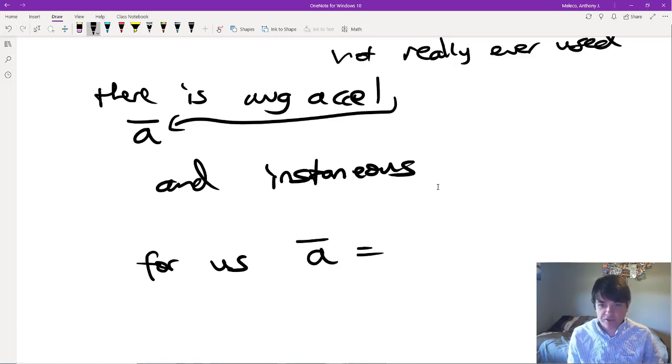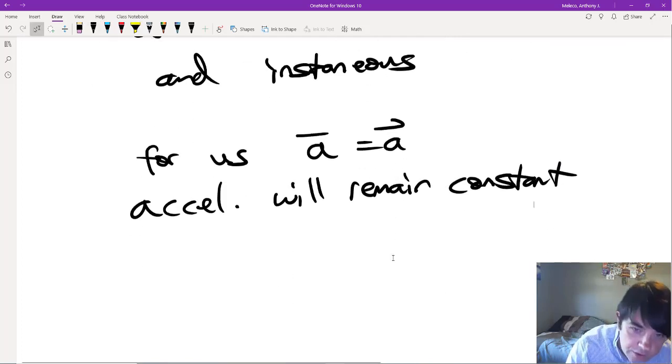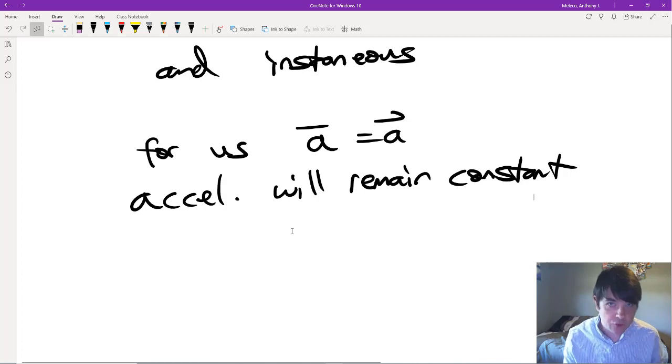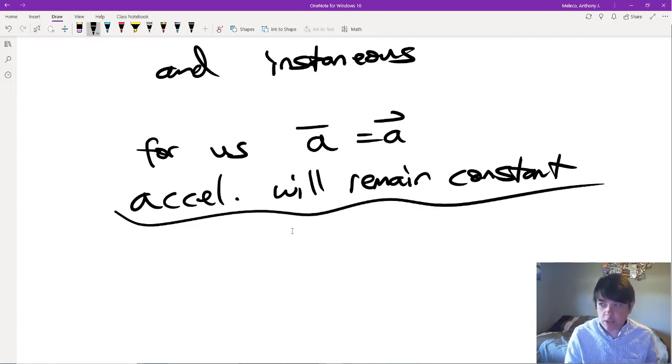A average will just equal A. In other words, acceleration will remain constant. We won't really do problems where acceleration is allowed to change because a changing acceleration would require a changing force, as you'll see, which is rather complex. So we will only do this because forces will remain constant.